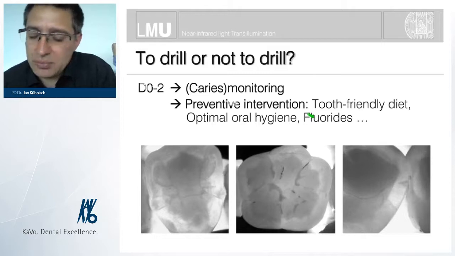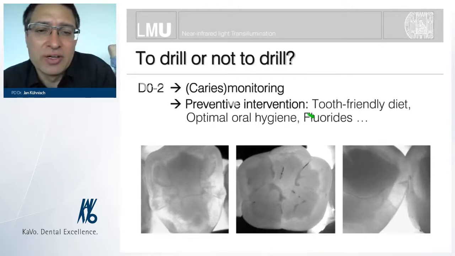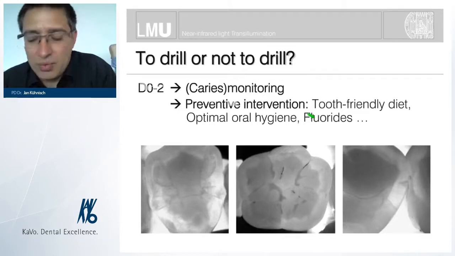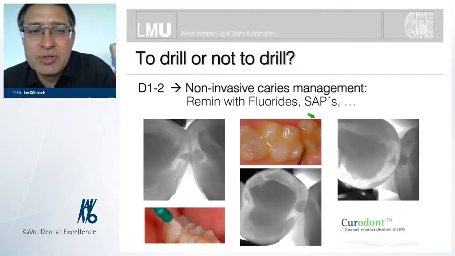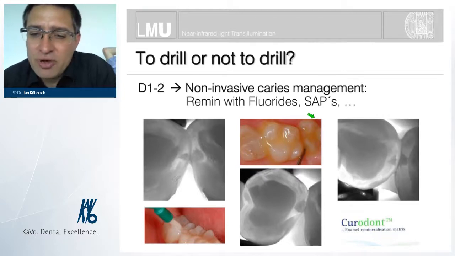And again, tooth-friendly diet, optimal oral hygiene, and fluorides are working definitely fine. But there are some new technologies on the European market. I don't know what is the global situation for the so-called self-assembling peptides.